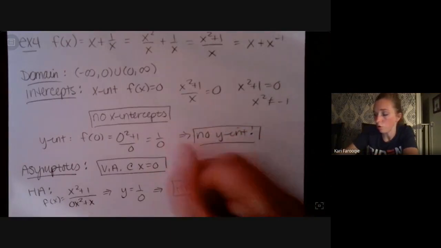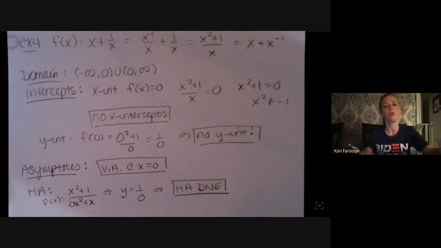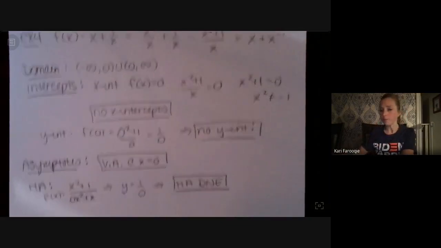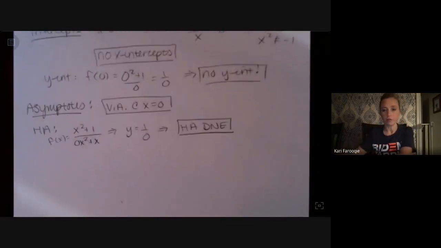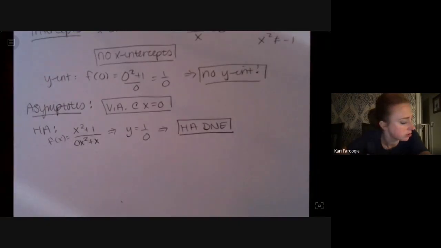Okay, so there's no horizontal asymptote, which you might be thinking is odd because maybe you thought that since there were no x-intercepts that there was probably a horizontal asymptote on the x-axis. But we do have a special case here. If the degree of the numerator of f of x is greater than the degree of the denominator by 1, we have a slant asymptote. I'm going to write that down.